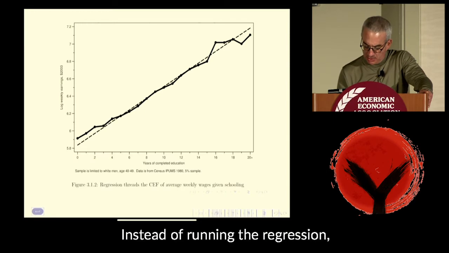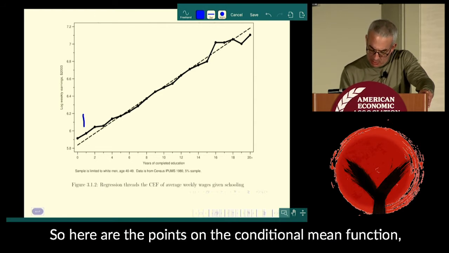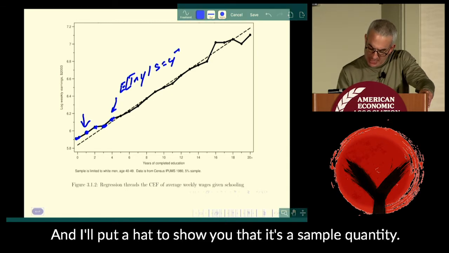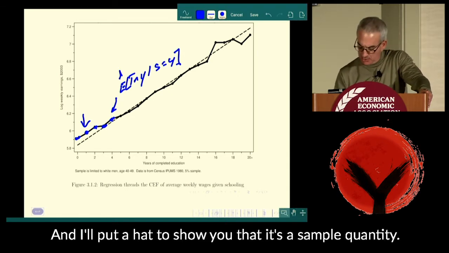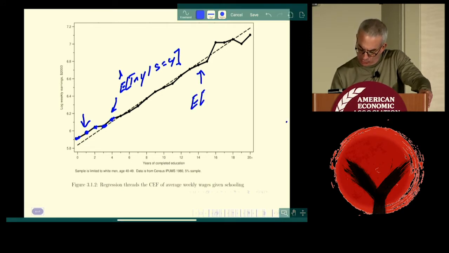Instead of running the regression, I could compute the conditional mean function. So here are the points on the conditional mean function. Each one of these, this is E of log y given that s equals 4, and I'll put a hat to show you that it's a sample quantity. And this is E of log y given that s equals 14.